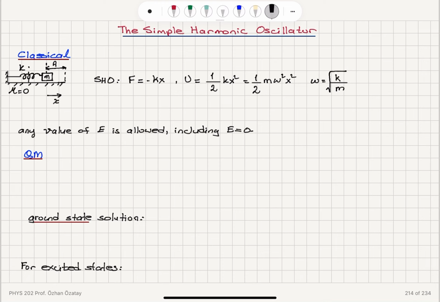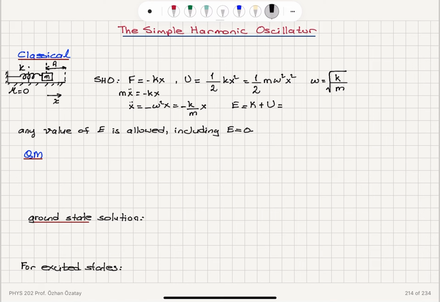Remember that this comes from the fact that m x double dot, mass times acceleration, is equal to minus kx, and x double dot is equal to minus omega squared x, which is minus k over m x.